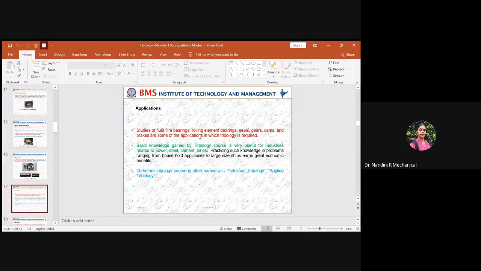These are some of the applications in which tribology is required and essential, and people nowadays are using it also. For many years before the 1960s, there was no concept of tribology. People were just working based on some lubrication. Okay, we'll apply some lubrication, we will overcome the problem and do it. But still, at that time the components which were made were not highly reliable and their service life was very low.